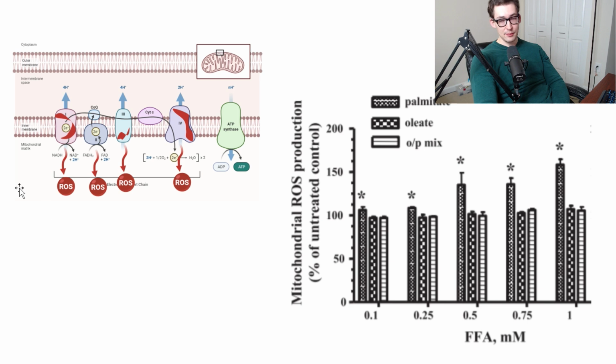And I said this on the last podcast as well, you don't want to eliminate reactive oxygen species completely, because they do actually serve a healthy, functional role inside the cell as well. And I realize that sounds really confusing, considering that they're unstable and that they tear away from other molecules. But a small amount of reactive oxygen species is actually quite beneficial for a number of different processes.